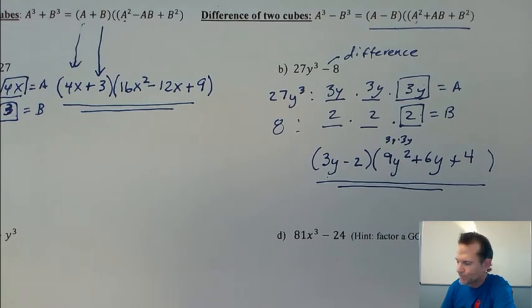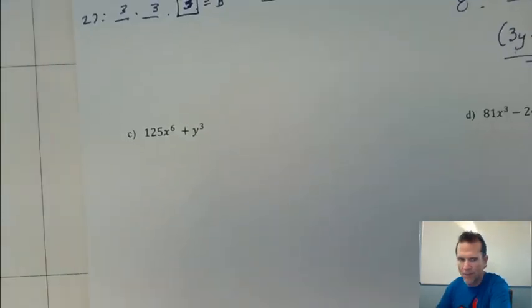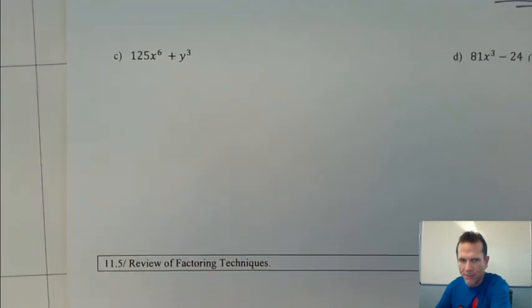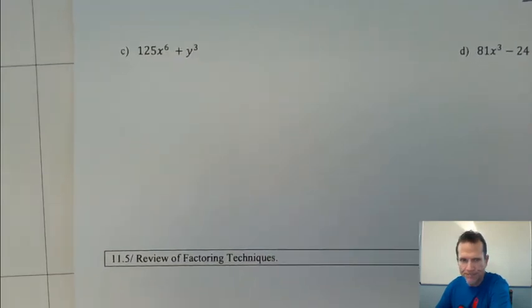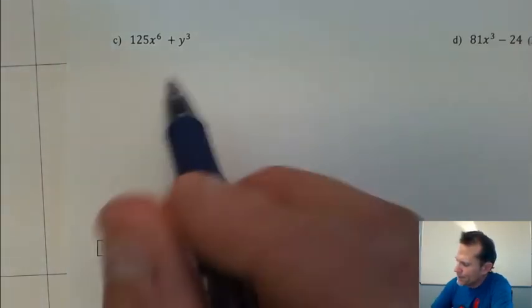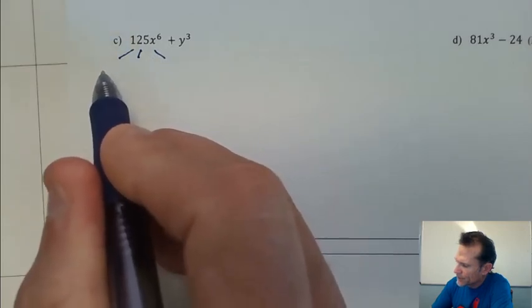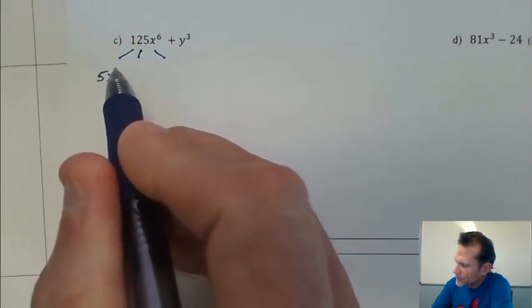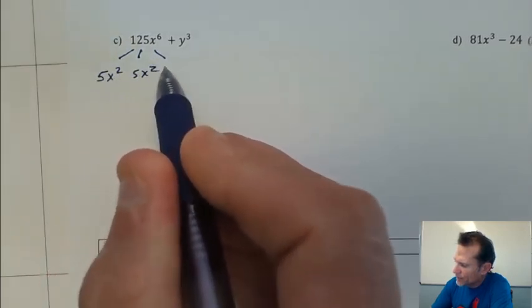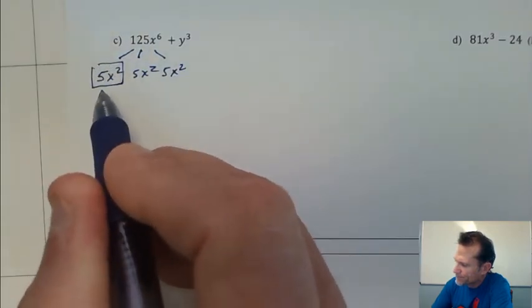All right. Well, let's finish these off here in this video. It might get a little long, but we should be able to crank through these. So looking at C here, another way some students do this is they say, well, this is 5x squared, 5x squared, 5x squared. So there's your a value.